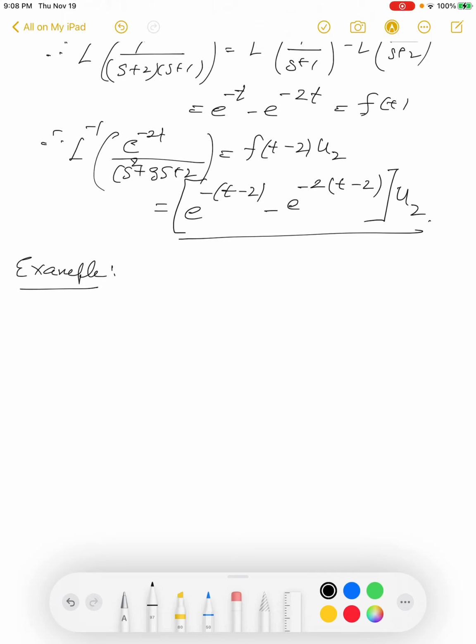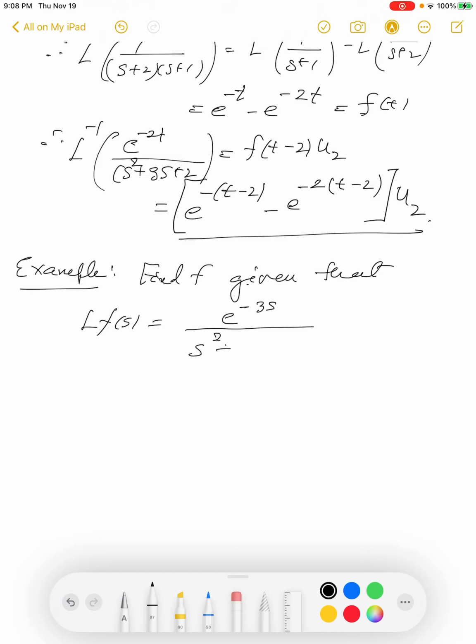Let's do one where we have to use shift formula 1 to find the inverse of the term without the exponential. So let's say find f given that LF of s is, say, e to the minus 3s over s square plus 4s plus, to get nice numbers I should add a nice number, so make it 13.